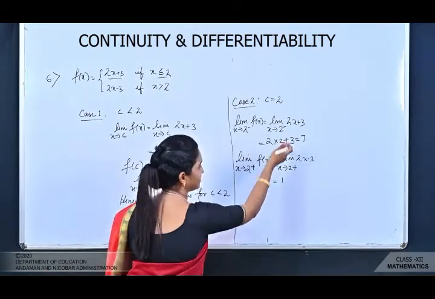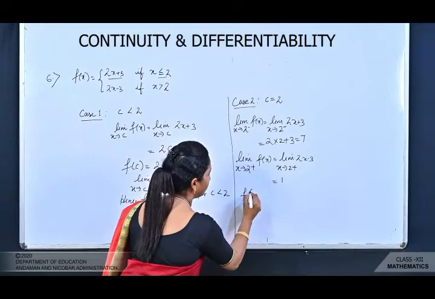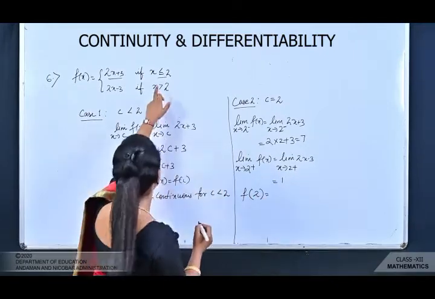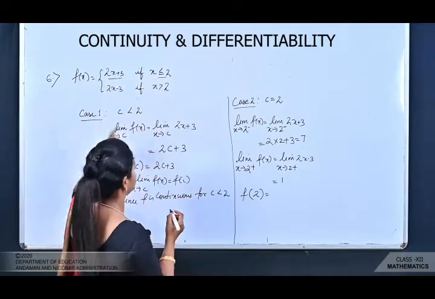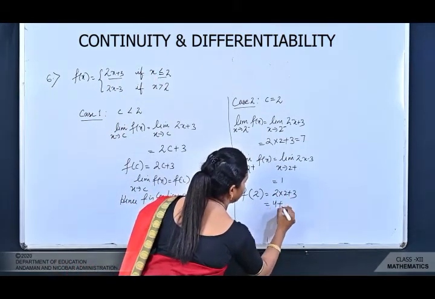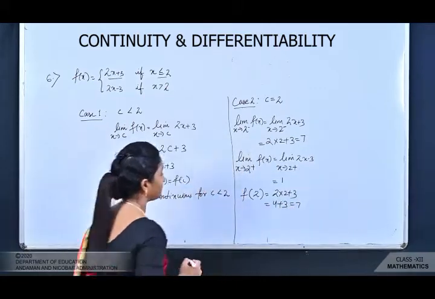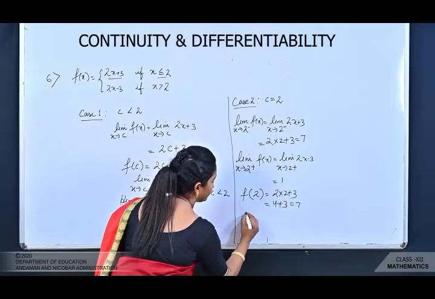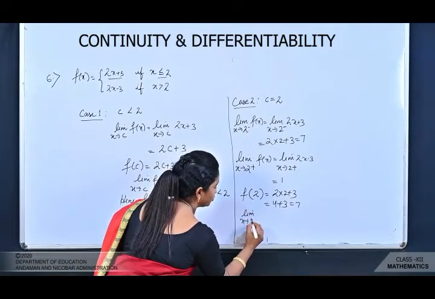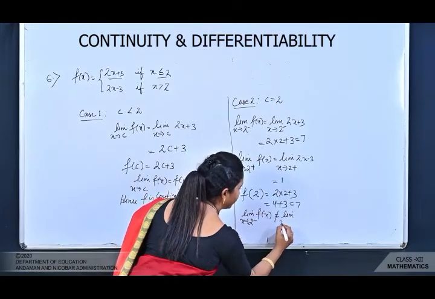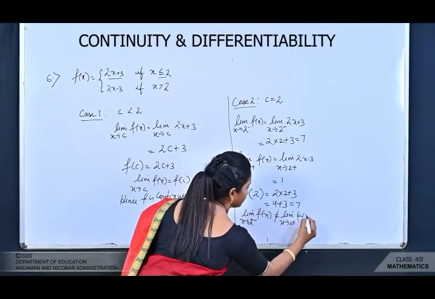Again, from here itself we can say that the function is discontinuous, but if you want you can also find f of 2. f of 2 means equal to sign, on which condition does it come? This condition. So it is 2 into 2 plus 3, it is 4 plus 3, that is 7. Clear? So from here you can say that limit x tends to 2 minus f(x) is not equal to limit x tends to 2 plus f(x).